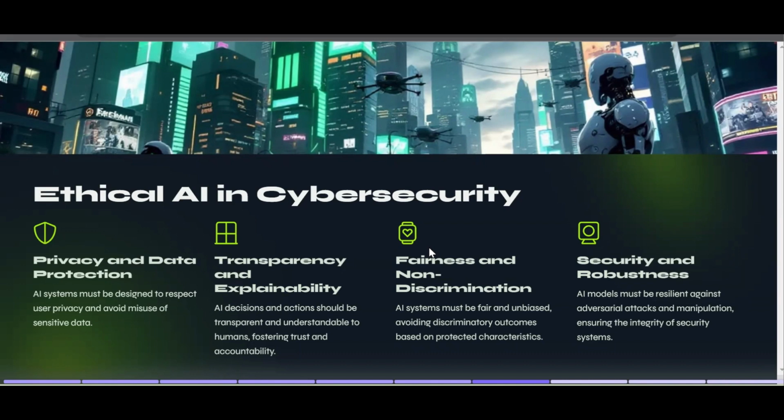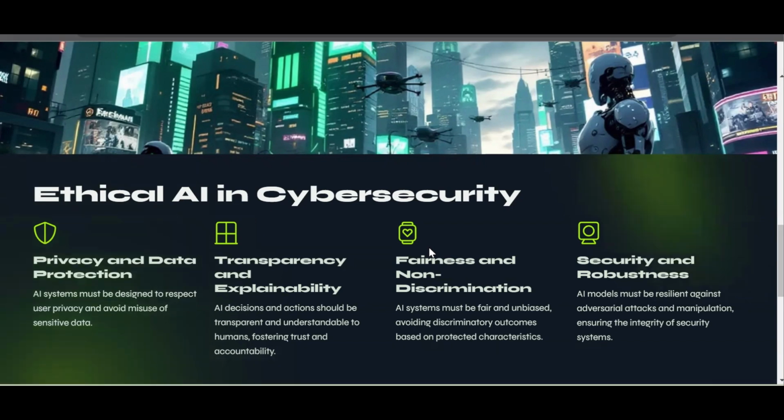The second thing is transparency and explainability. What does that mean? Whatever action AI takes, whatever decision AI makes, it should be transparent. It's not like it's doing something bad behind the scenes and generating the wrong report. No, it should be transparent.